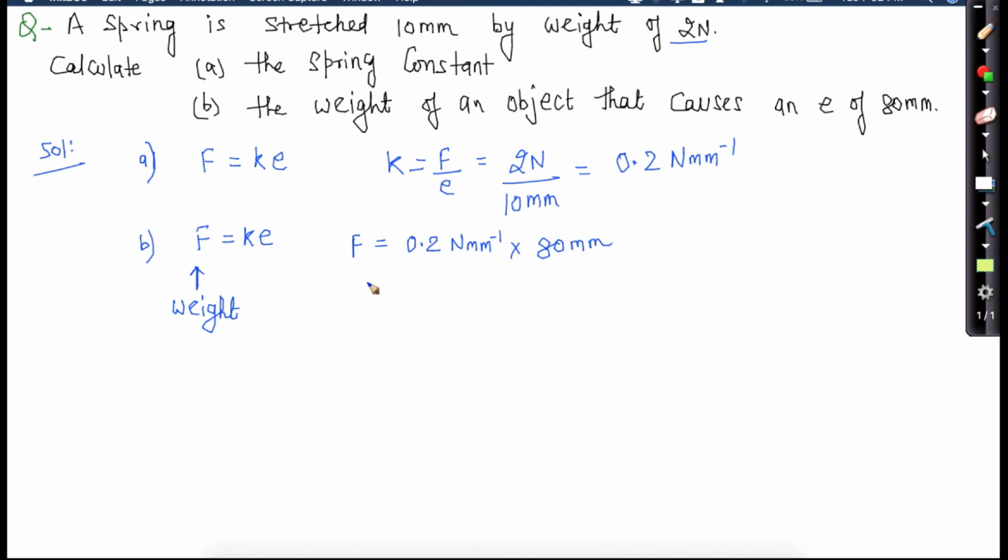We are considering that this is happening within elastic limit. So this gives you 16 Newton. So when there is a force of 16 Newton, that will cause an extension of 80 millimeters in the spring. I hope this is clear to you.